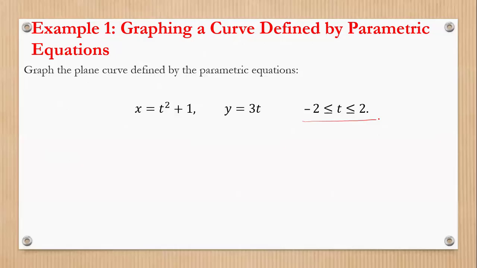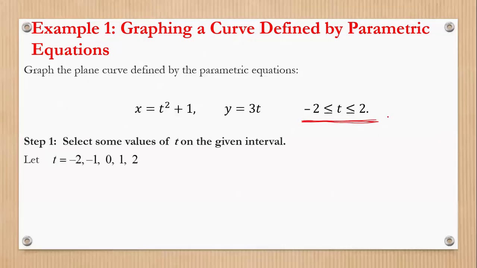The values we can have for t based on this interval are -2, -1, 0, 1, and 2, only integers. All the integers from -2 to 2, and the equal sign means that 2 and -2 must also be included.